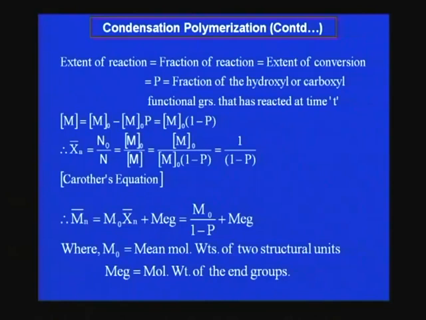That is called extent of reaction, the fraction of reaction, or extent of conversion of the monomers to polymer, designated by small p: the fraction of either hydroxyl groups or carboxyl groups or both that are converted to a polymer, or reacted to form a polymer at time t.